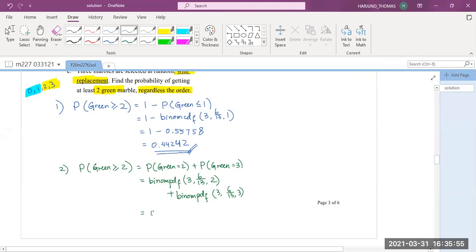I get 0.344105. That's 1 plus 0.098316. So that's 2 here.